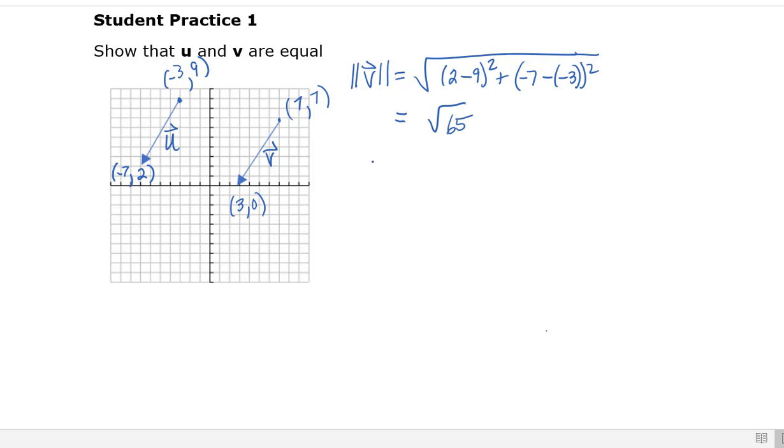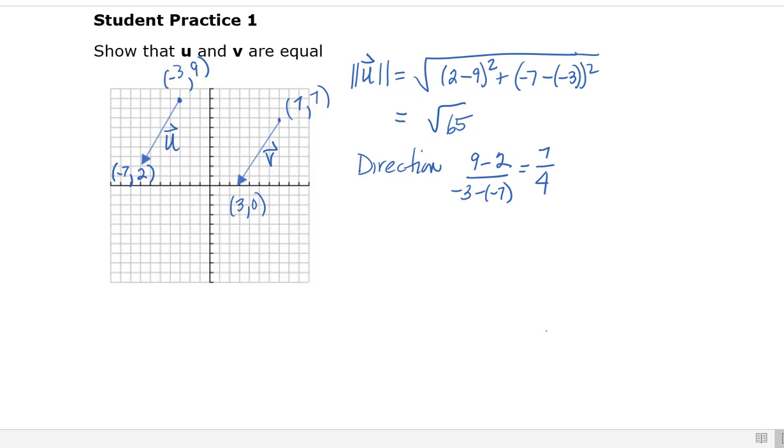And when we talk about direction, we're going to have 9 minus 2 and negative 3 minus negative 7, and that's going to give us 7/4. So we've got the magnitude of vector u, which is the square root of 65, which is basically the length of that line segment, and the direction, which is the slope.